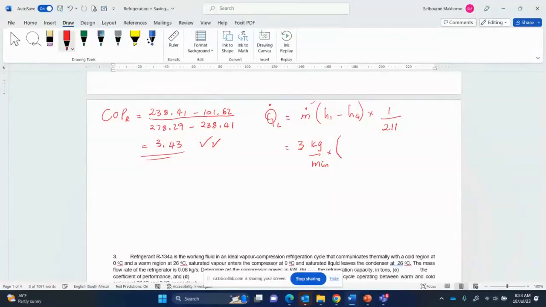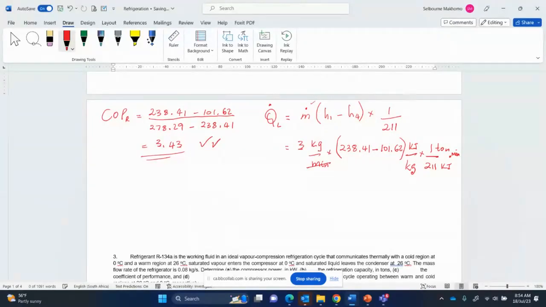multiplied by enthalpy at 1. Enthalpy at 1 we said is 238.41 minus 101.62. The units are kilojoules per kilogram multiplied by 1 ton divided by 211 kilojoules per minute.